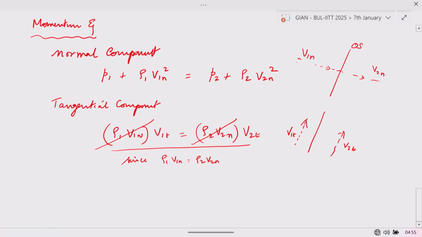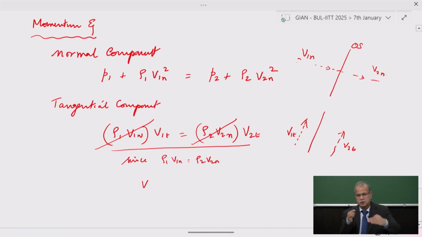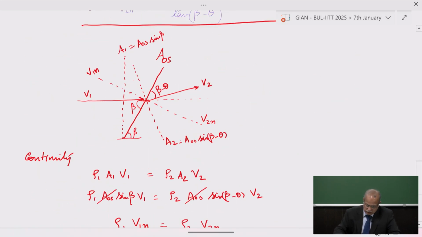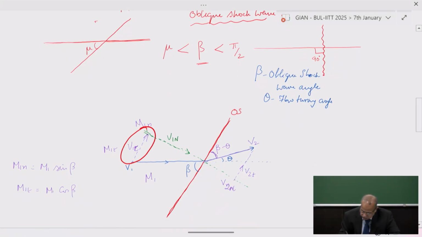This tells us that when you have an oblique shock, the flow going parallel to the oblique shock has the same magnitude both before and after. So V1t is equal to V2t. What does it mean? It means that this distance and this are the same. That's what we see here.